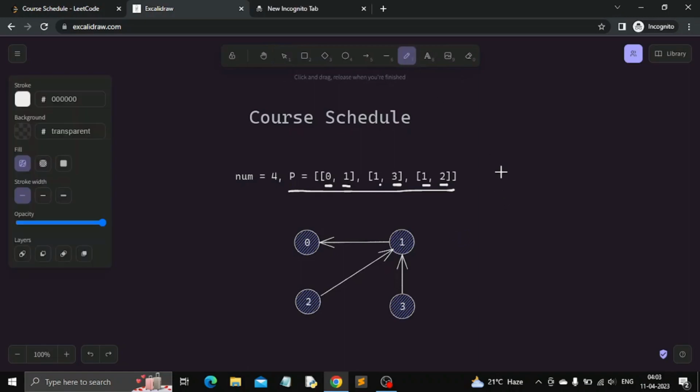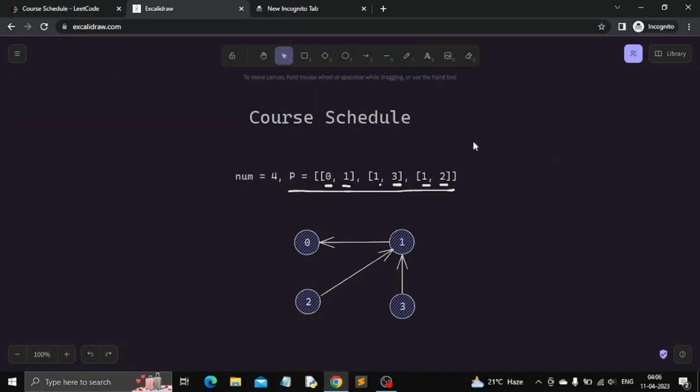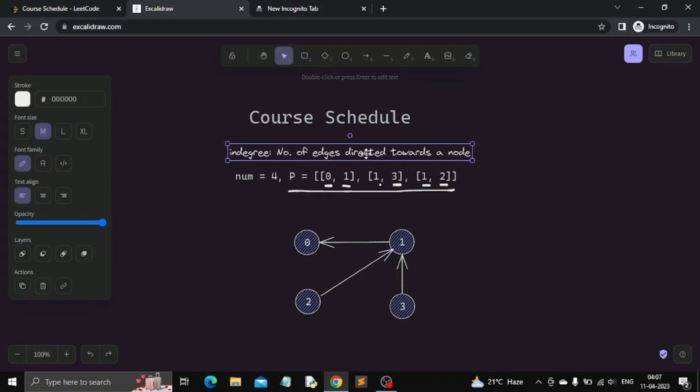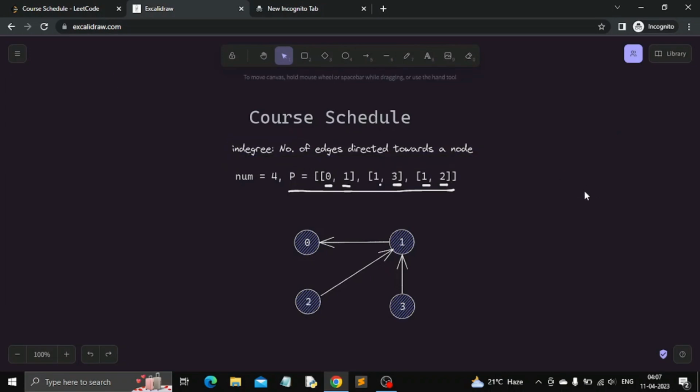Now the first thing that we must understand is that we should always begin with a course that is not dependent on any other course, right? So for each vertex which represents a course, we are going to find the integrity of that vertex. Integrity means the number of edges directed towards a particular node.